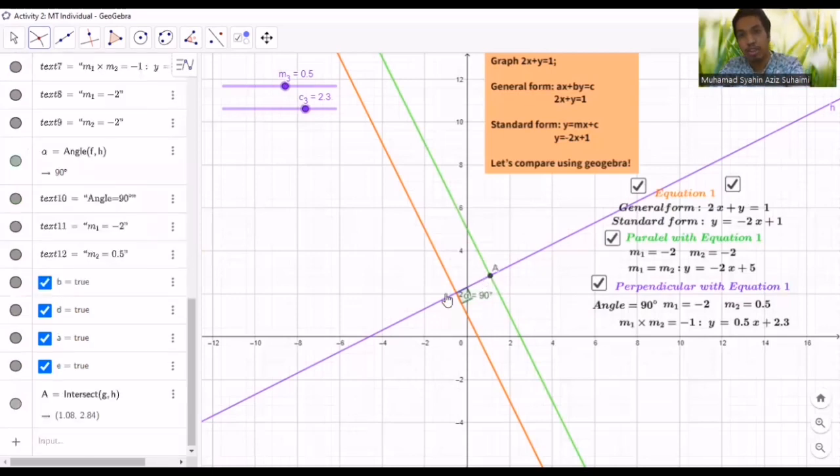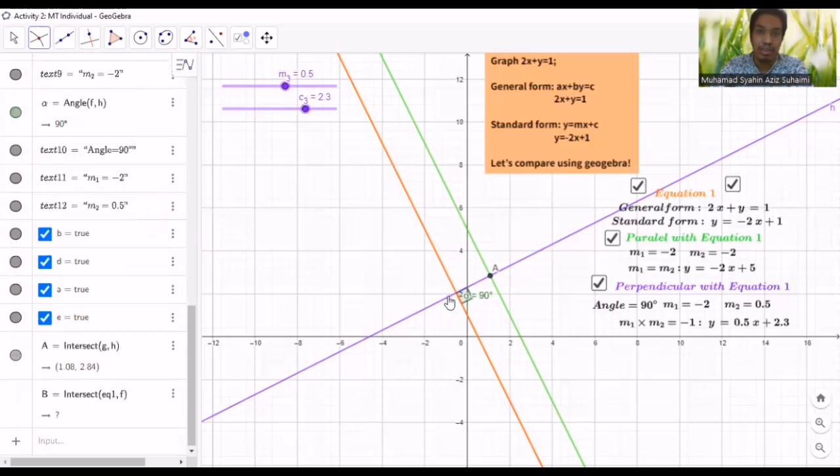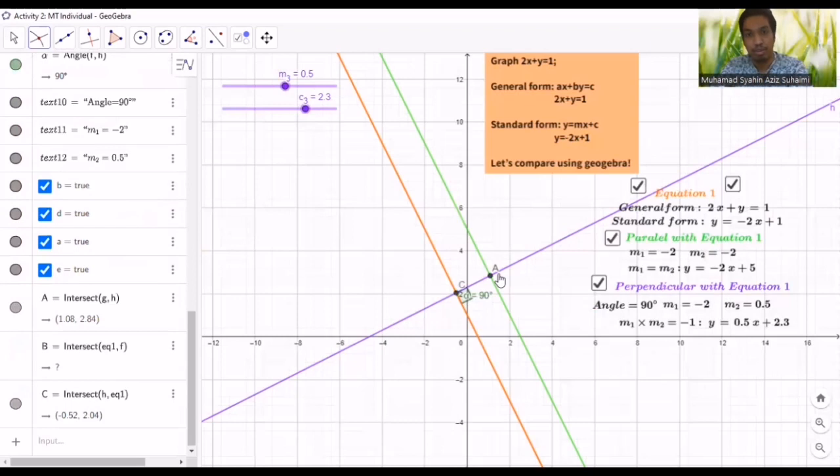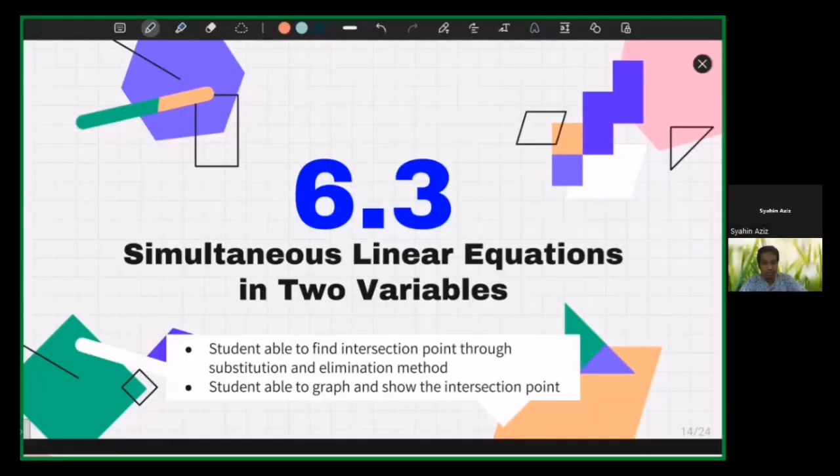When we get the equations, the intersection between the two linear equations in two variables, and that is the intersection point in 6.3, simultaneous linear equations with two variables. In this topic, students will be able to find the intersection point through the substitution and elimination methods, and students also will be able to graph and show the intersection point.